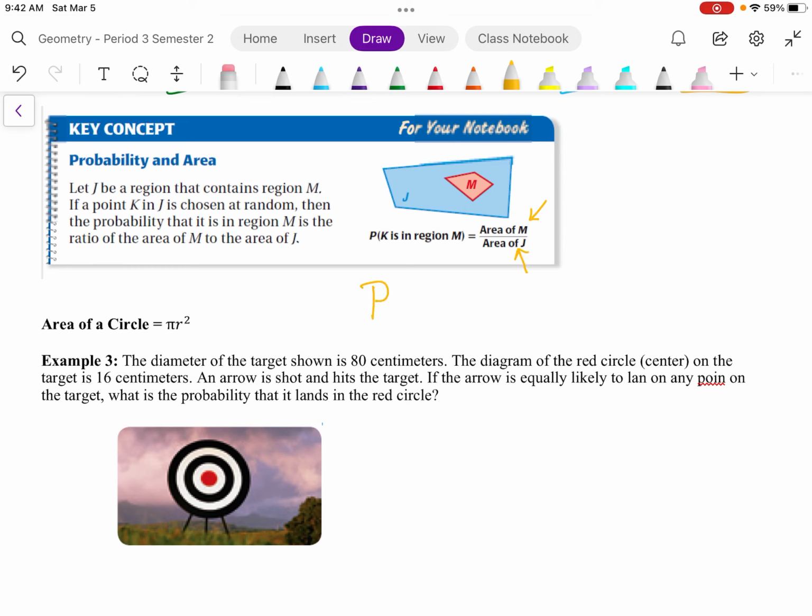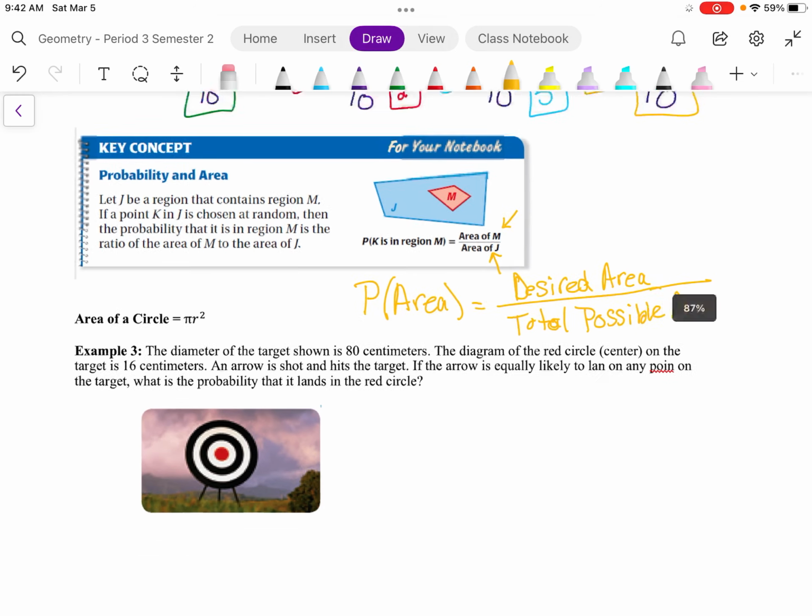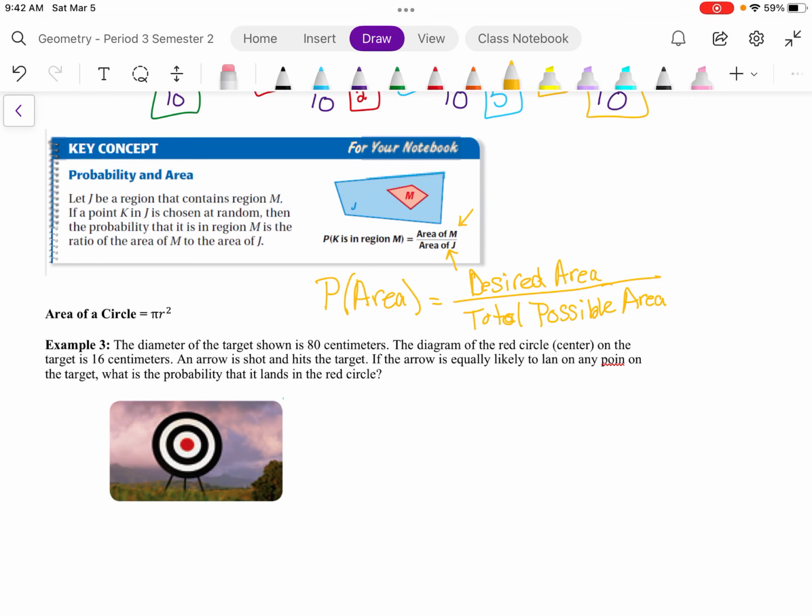So when you're doing probability of area, you want the desired area on top, and then the total possible area on the bottom. And that's how we're going to find the probability for this part.